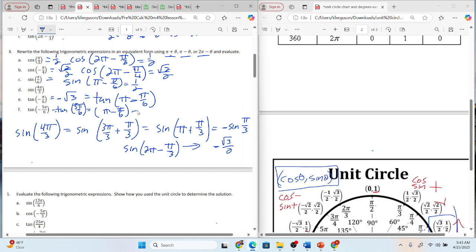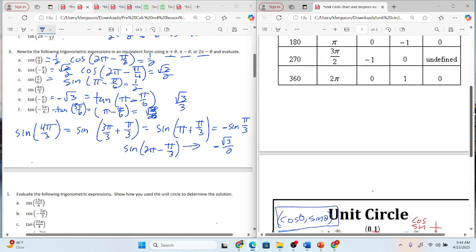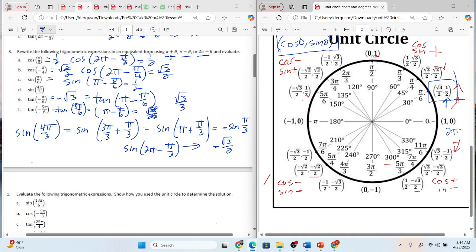So I need to find out which one is going to be positive square root of 3 over 3. Which one is going to be the positive square root of 3 over 3? So let's look. Now, because this is positive, I'm looking for sine and cosine to have the same sign. So let's see. We ended up using pi minus. We ended up using this one.